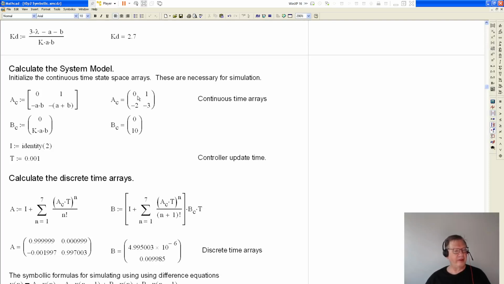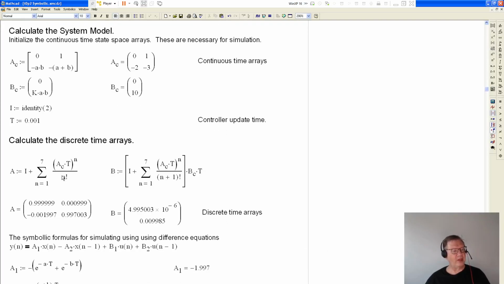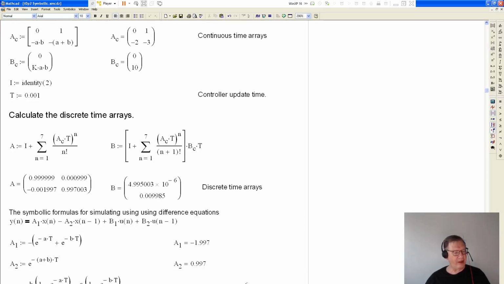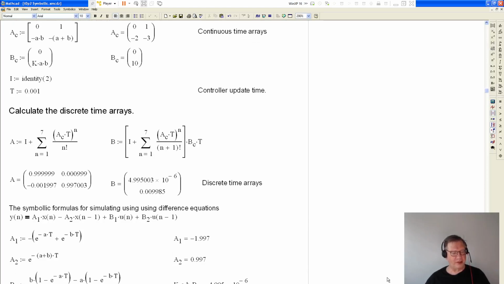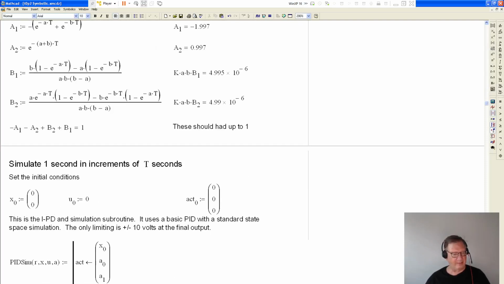So this is the number. This k times a times b is a 10 in the original denominator or numerator. And then I have to convert the continuous time to a discrete array. So this is the discrete array. These are the values if I wanted to use a difference equation. I'm not using a difference equation in this example, so we'll just skip over that.